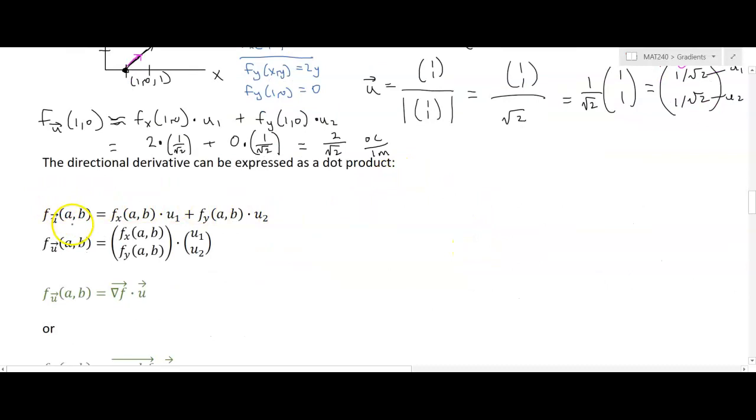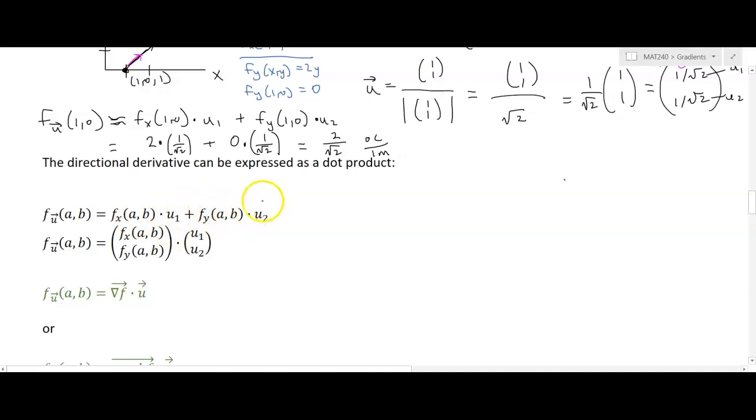Well, what we've just written, that the change in f per unit change in the direction of this vector u at the point that we're currently standing at, is equal to the change in f per unit change in x multiplied by how far we go in the x direction, plus the change in f per unit change in y multiplied by how far we move in that direction, u2. One way we could write it is as a dot product, because we see that two things are multiplied and added together.